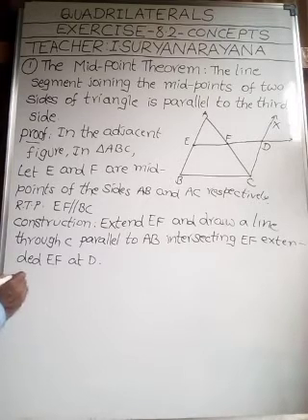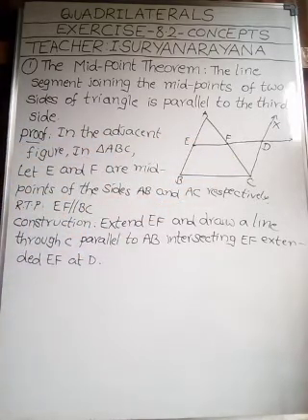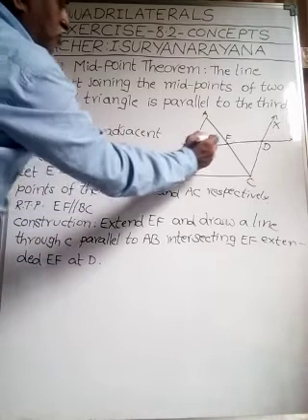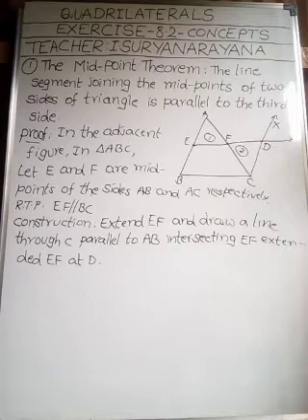Now come to this proof. We have to prove that EF is parallel to BC. Now if you observe, there are two triangles. This is one triangle and this is another triangle. We got two triangles, isn't it, my children?